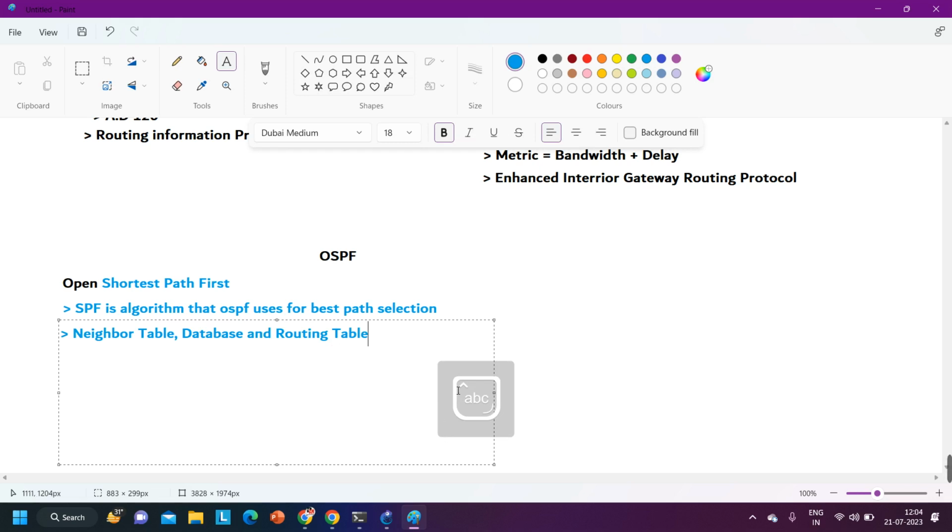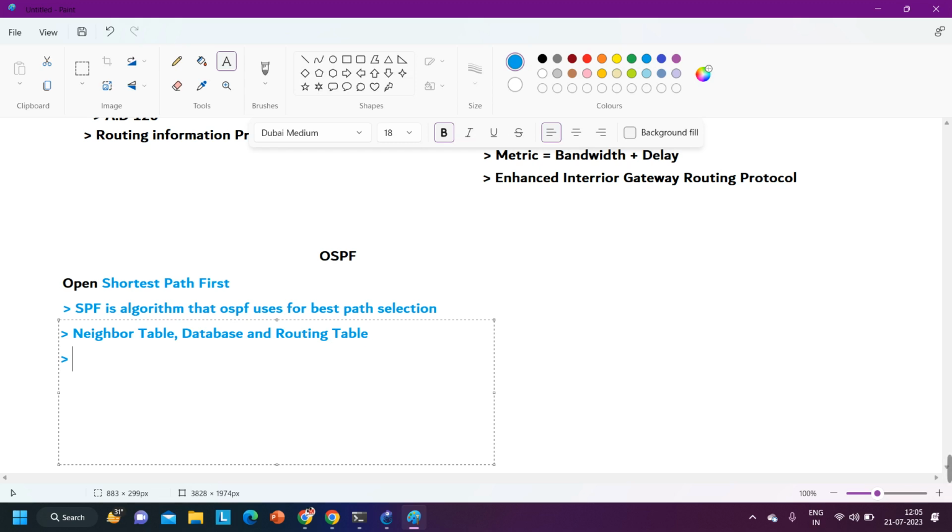So OSPF maintains three types of tables: neighbor table, database, and routing table. EIGRP maintains neighbor table, topology table, and routing table. Instead of the topology table, OSPF maintains a database. Fine. Is it clear, Wali? Yes, sir, it's clear.